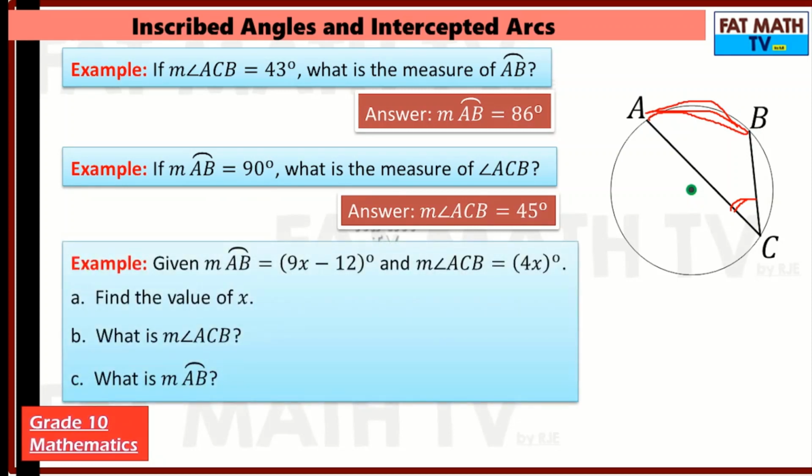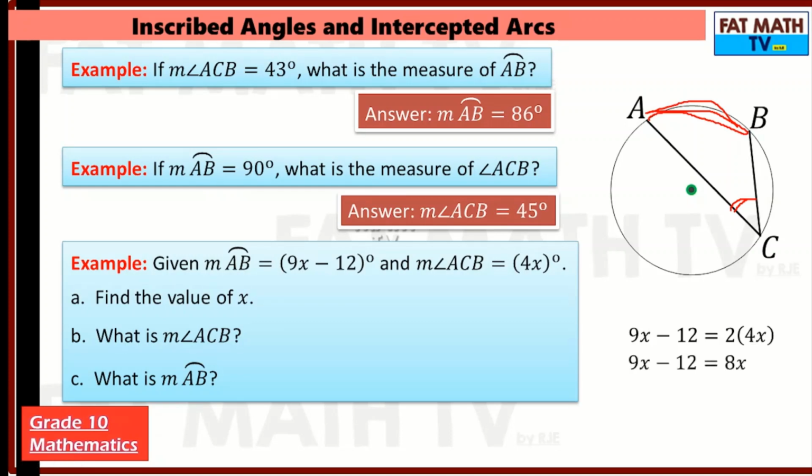Another one. Given that the measure of arc AB is 9x minus 12 and the measure of angle ACB is 4x degrees, find the value of x. Our theorem states that the measure of the intercepted arc is twice the measure of the angle. So 9x minus 12 is equal to 2 times 4x, which is 8x.